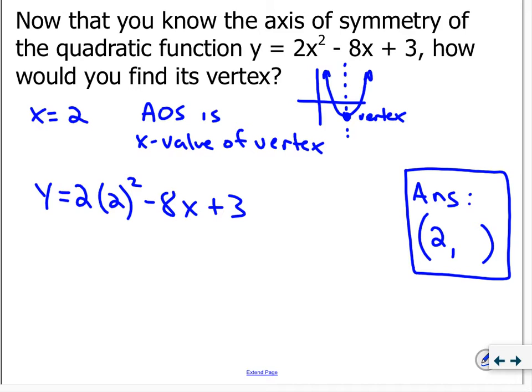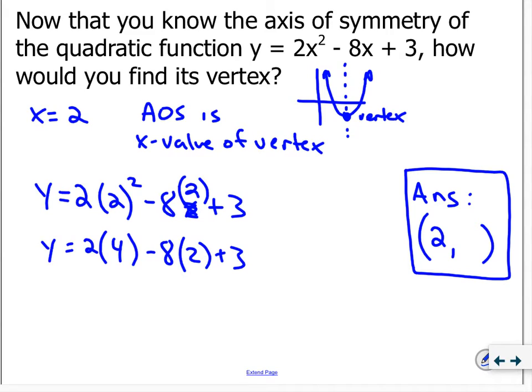So we're going to square 2 first and get 4, times 2. Ooh, I forgot to write a 2 in there, huh? So let's see now. We're going to get y equals 8 minus 16 plus 3. So our y value then is going to be negative 5. So my answer, the coordinates of my vertex, is at 2, negative 5.